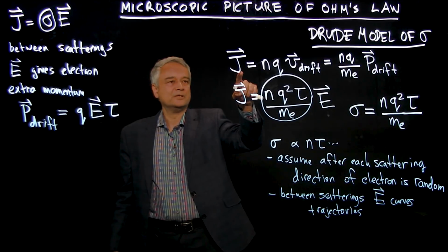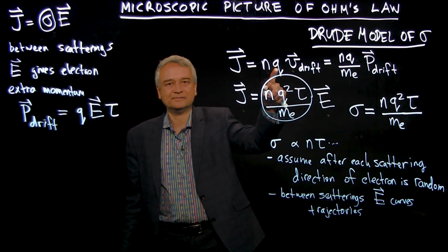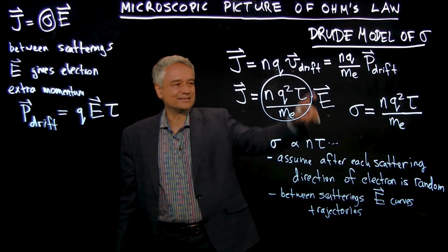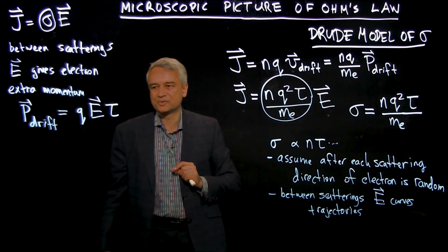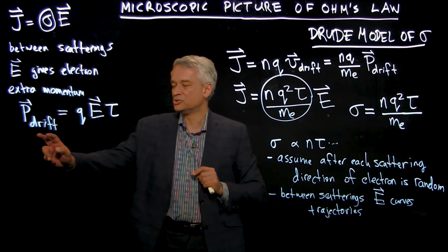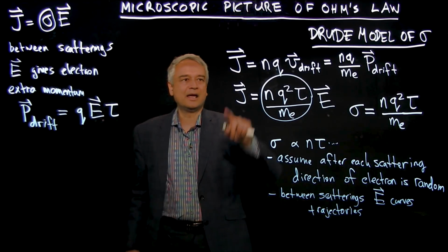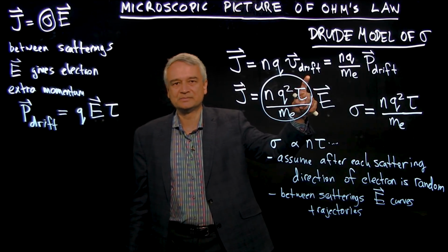So J is in the opposite direction of the drift velocity because the electrons are negative. And that translates into a conductivity, which is positive because the conductivity goes like Q squared. Because the drift momentum is in the opposite direction of the electric field, and the electric current is in the opposite direction of the drift momentum.